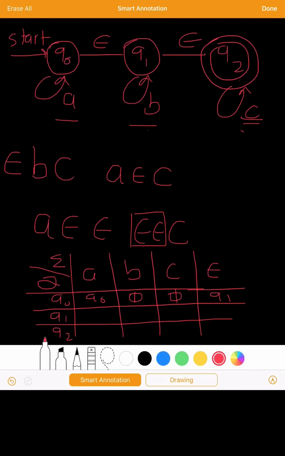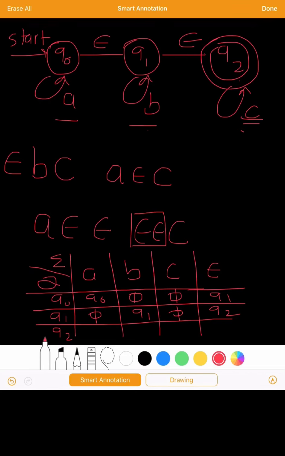So same from Q1 we don't carry A, that's why we can write here phi. From Q1 we carry B to itself, that's why we can write here Q1. From Q1 we don't carry C, that's why we can write here phi. And from Q1 we can carry epsilon to Q2, that's why we can write here Q2, right.